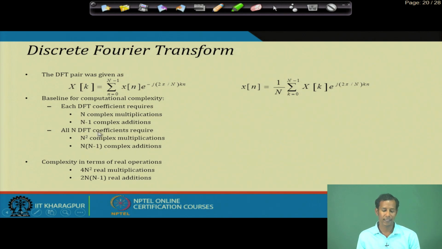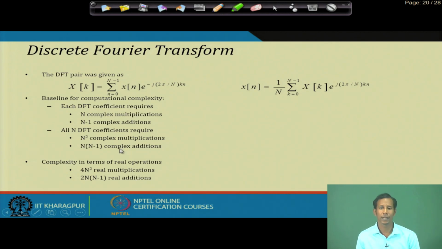In all, n DFT coefficients require n square complex multiplications and n into n minus 1 complex additions. Therefore, in terms of real operations, it requires 4 n square real multiplications and 2 n into n minus 1 real additions.